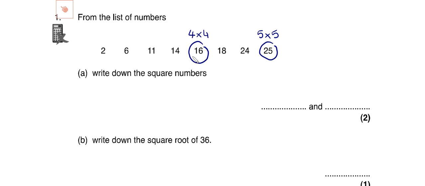If you had 16 counters, 4 lots of 4, if you laid out 4 lots of 4, you would have a square. 4 times 4 would give you a square. So 16 would also be the area of a square that is 4 by 4. It would be 16 square centimetres.